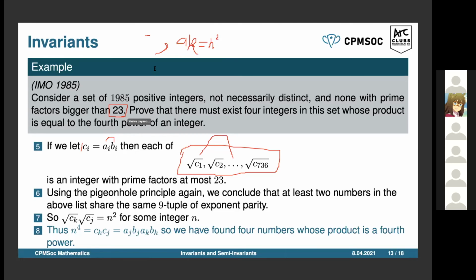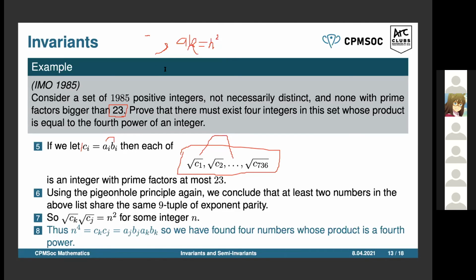So now it's pretty good because we brought an infinite number of possible cases and we've grouped them into different classes. So the different classes are your different parities of your exponents. Even though there are infinite possible values of exponents, there are only finitely many possible parities of the exponents. The parities are the main thing that matters in this question.